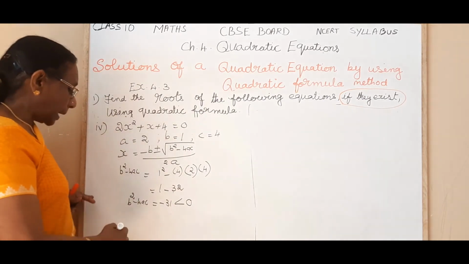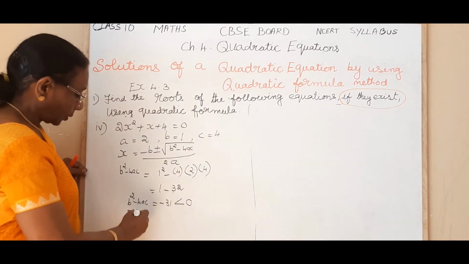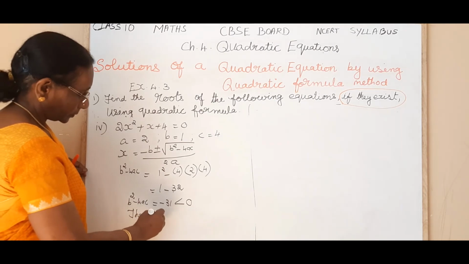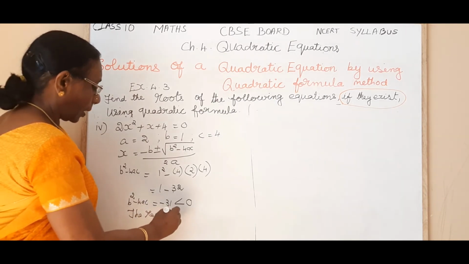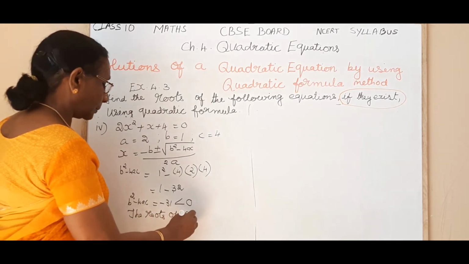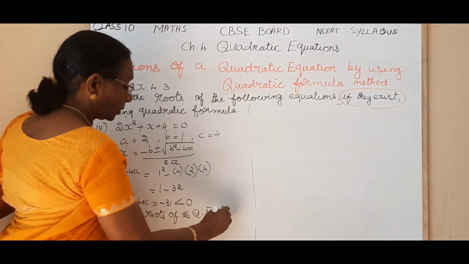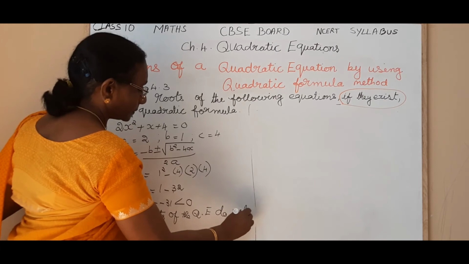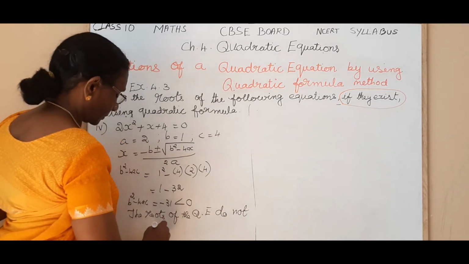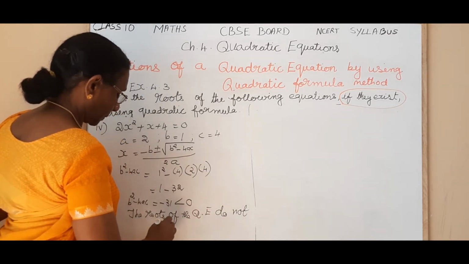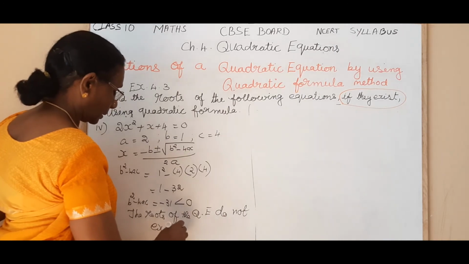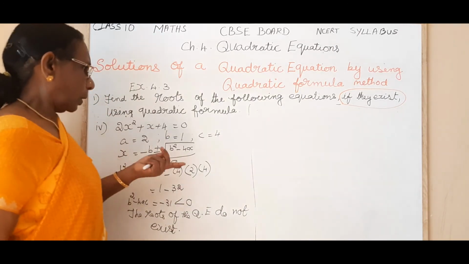So if it is less than 0, the roots of the quadratic equation do not exist. Is it clear, children? Now you solve it.